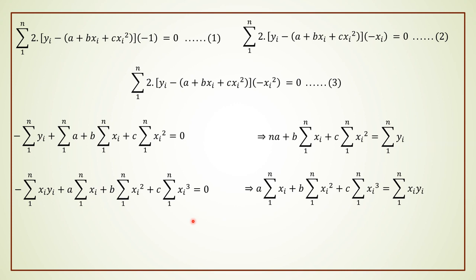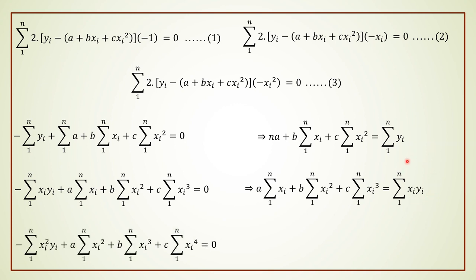Just rearrange the terms so that you get the equation as a into summation of xi, i varying from 1 to n, plus b into summation of xi² plus c into summation of xi³, that is equal to summation of xi yi, where i is varying from 1 to n.